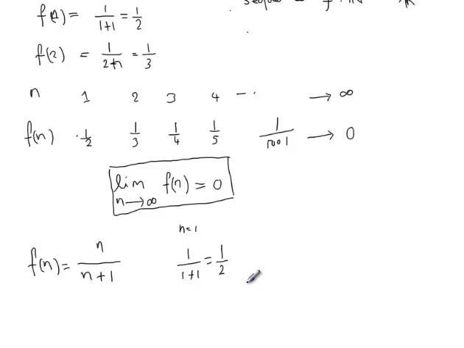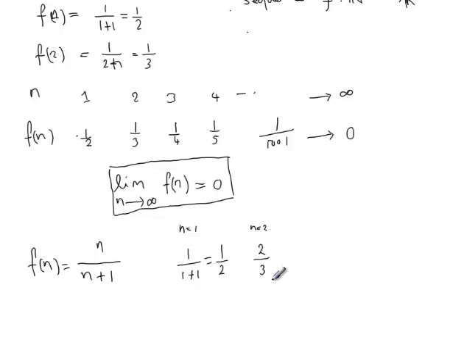When we go to 2, we're going to get 2 over 3. That is when n is equal to 2. Then we must ask ourselves, what has happened from the initial value to this second value?